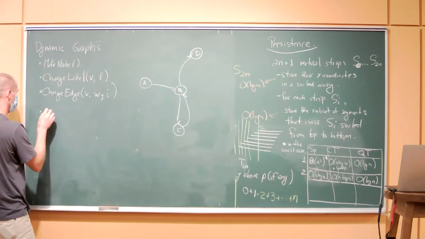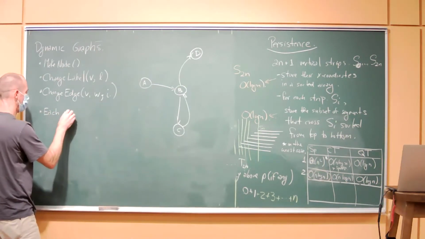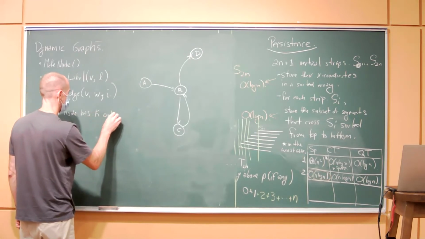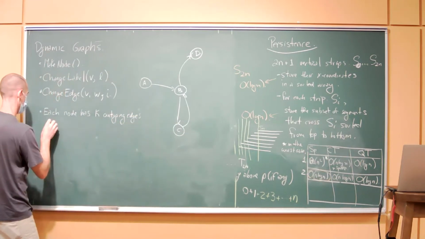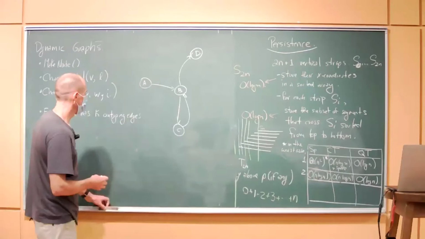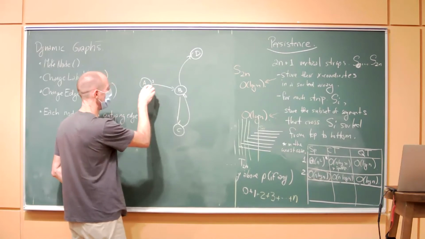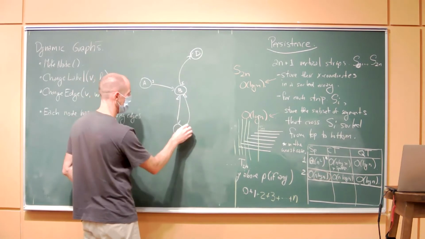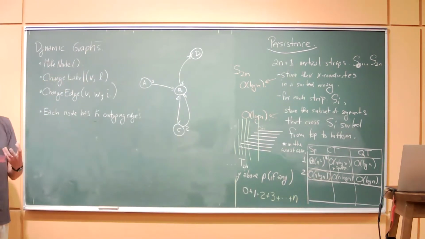Each node has, let's say, k outgoing edges, and they're numbered in slots. For A, this is outgoing edge maybe number 1. For B, this is number 1, and this is number 2. For C, maybe this is number 2, and there is no number 1, but there's some fixed number of outgoing edges for each node.